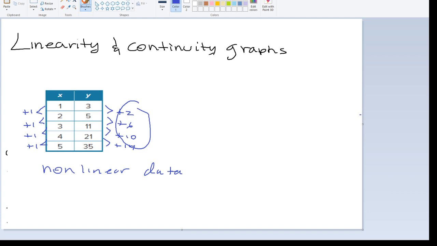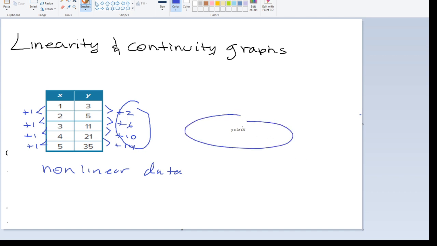When we have an equation, we can also determine whether that equation is linear or non-linear. For example, if I consider this equation, y is equal to 2x plus 5.